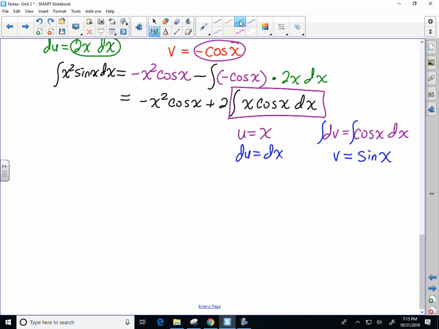So this is going to become uv minus the integral of v, which is sine x, du, which is dx.